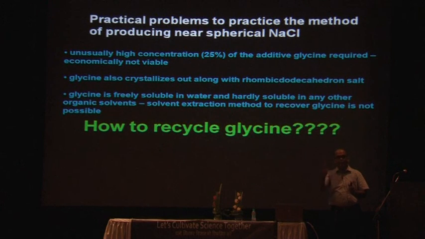So as a result, by doing this wash, you are getting the rhombic dodecahedron crystal separated. And again, about 25% glycine is present in your next batch. And in this way, in batch crystallization, it was possible to solve this problem. We could convince Hindustan Lever. So this is schematically shown.